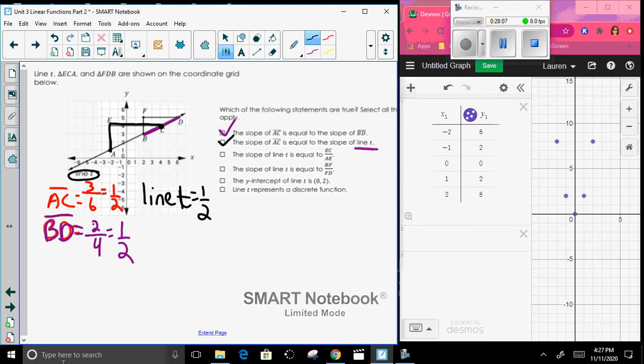All right, the slope of line T, which we already know is 1/2, is equal to EC divided by AE. That just means the distance of line EC. Well, line EC is 1, 2, 3, 4, 5, 6 units long.